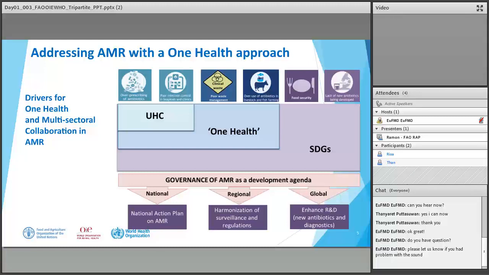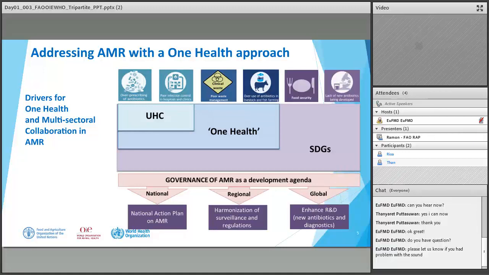WHO, because I suppose arrogantly, the human health sector feels that it is the apex, the ultimate goal of any work. So the drivers are not just about One Health. There are wider priorities for WHO, of which One Health is a major part. One is universal healthcare. WHO is committed to helping countries around the world to achieve universal healthcare.